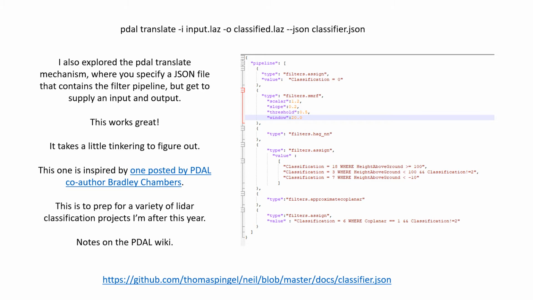I think I misspoke earlier. 3 is vegetation, so that's what's going on earlier. 6 is a building. So it's setting these to a building wherever the coplanarness is very high. I'm looking at this now too, and I'm seeing and the classification is not equal to 2. That's right. The reason I had that set was a lot of times the ground is pretty flat. So if you don't do that, you're going to reclassify a bunch of your ground as buildings.